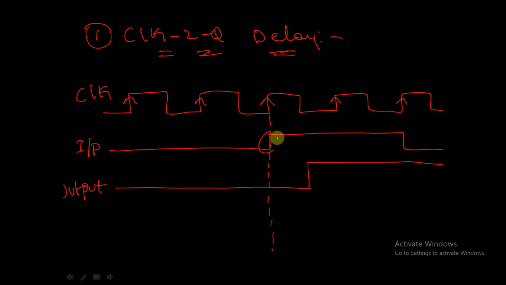After applying the input, we'll get the output somewhere here, after some time delay. So this is called clock to Q delay. Next, coming to S to Q delay, the second one.